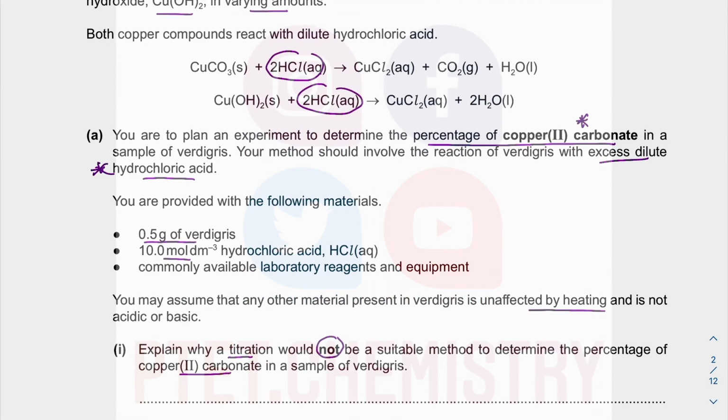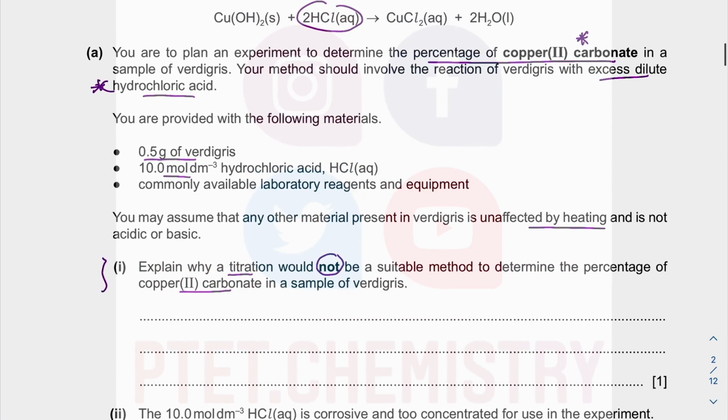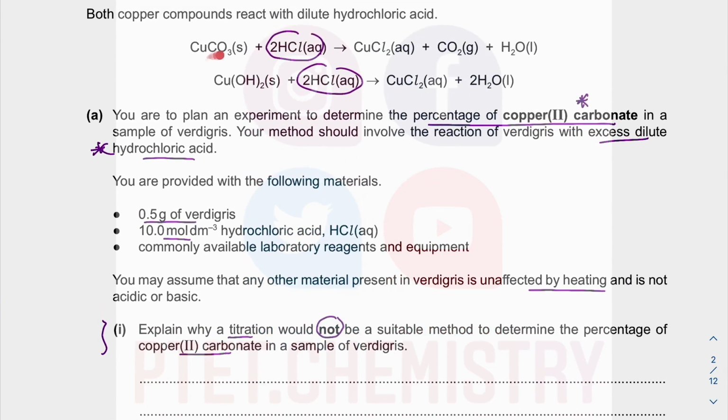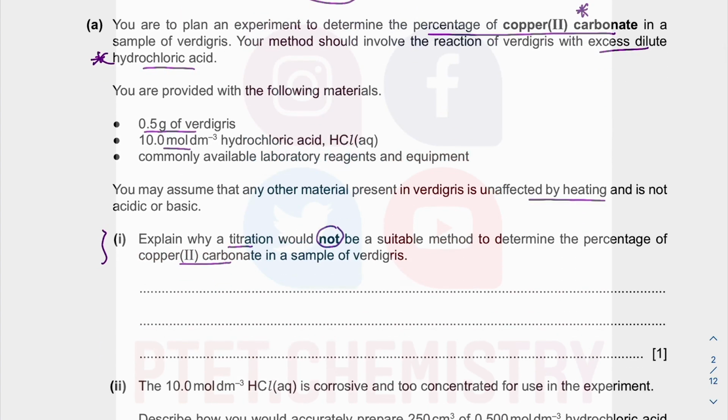Both this and this can react with the acid, so the amount of acid you get from titration is not going to tell you the percentage of one thing. It's going to be all of these that can react with the HCl. That's why it's not suitable just to work out the percentage of one thing, which is what you want.